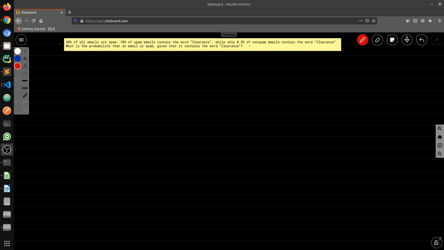So first, see what Bayes theorem states. Bayes theorem states that given a hypothesis H with probability P(H) and evidence E with probability P(E), there is a relationship between the probability of the hypothesis before getting the evidence and the probability of the hypothesis after getting the evidence. So let's put the formula actually.